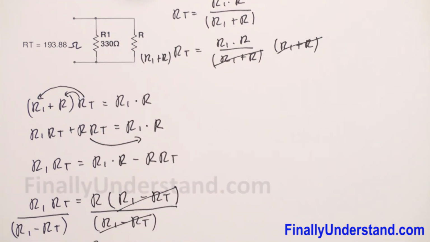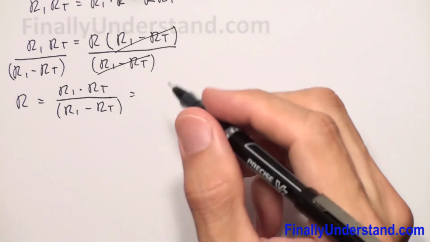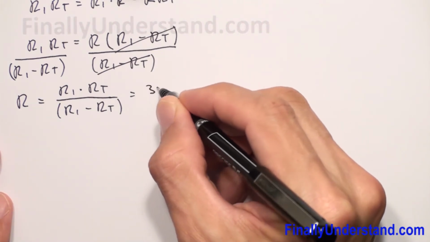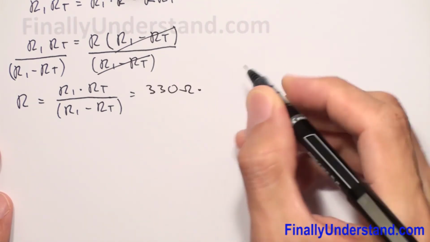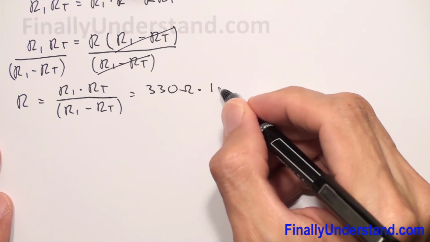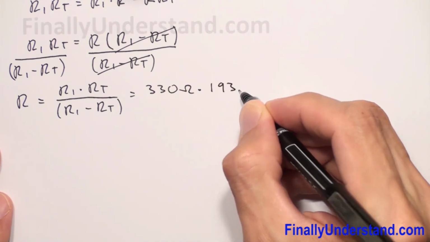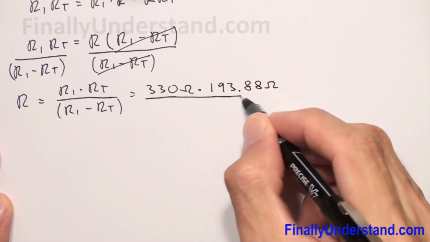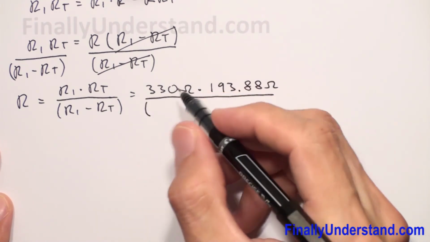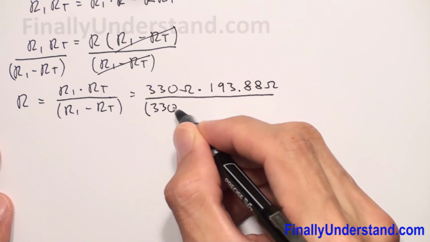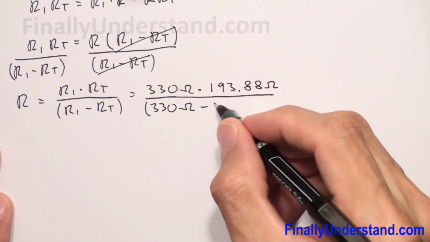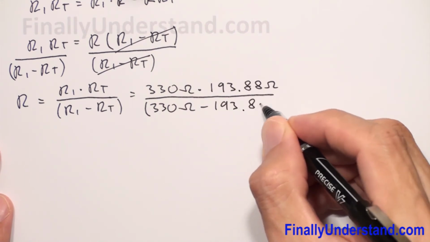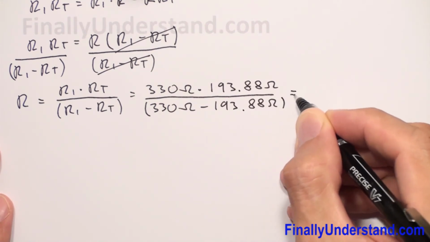Okay, so my R is equal to 300 kilo-ohms times 193.88 ohms divided by, open parenthesis, 300 kilo-ohms minus 193.88 ohms.